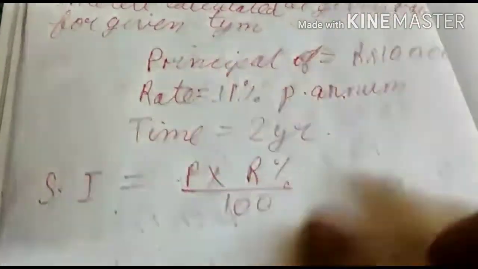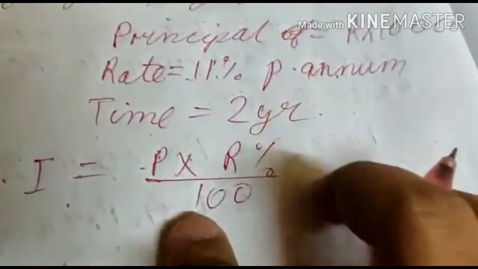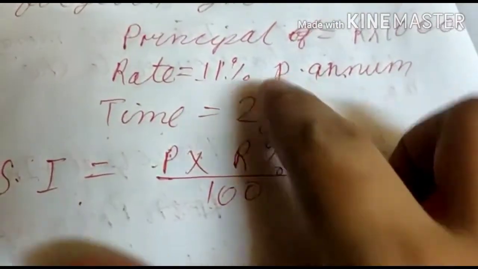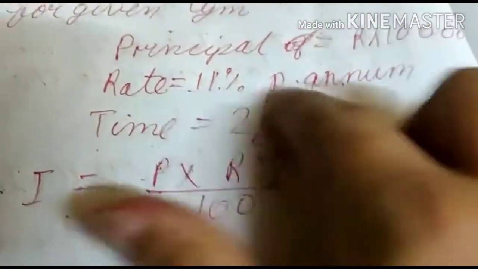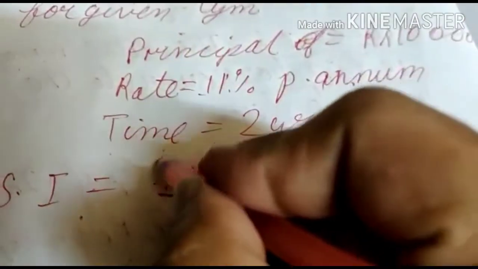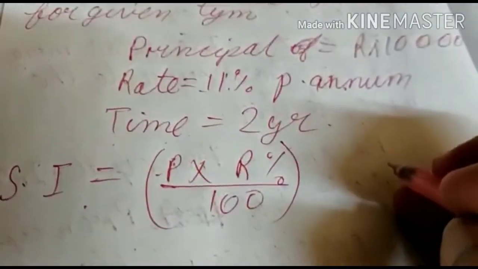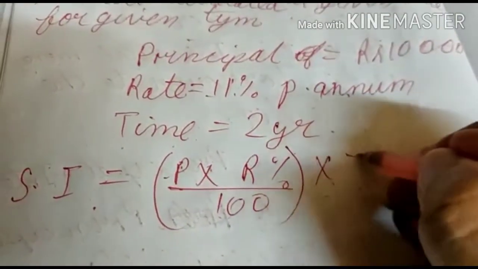If we solve this, we get principal into 11 upon 100, so we get 1100. This 11 was for 1 year, and we have to calculate for 2 years, so we will multiply by time.